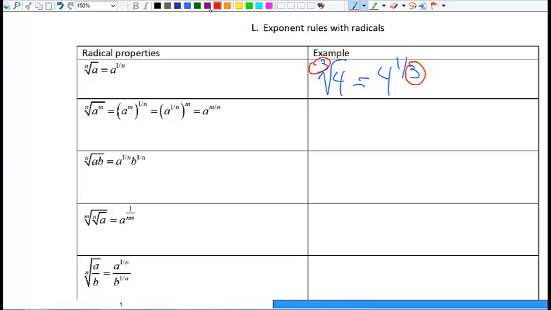Well, what if you've got something that's got an exponent inside the radical? So let's say we've got the cubed root of 4 squared. That would translate into 4 to the 2/3 power. And again, the 3 is the denominator, and the squared bit, that's the numerator.